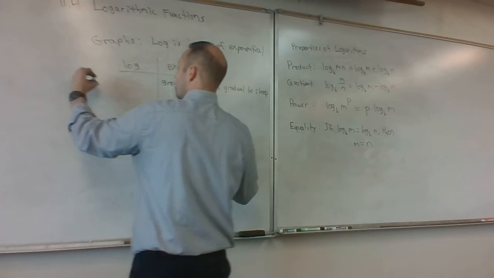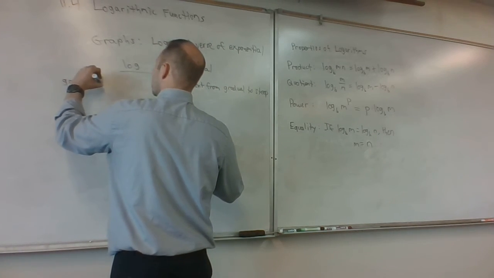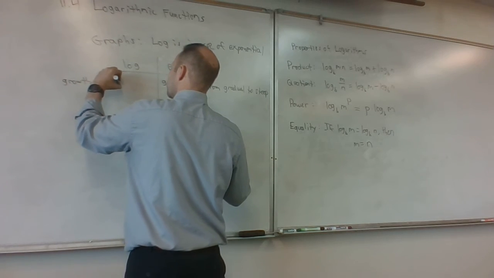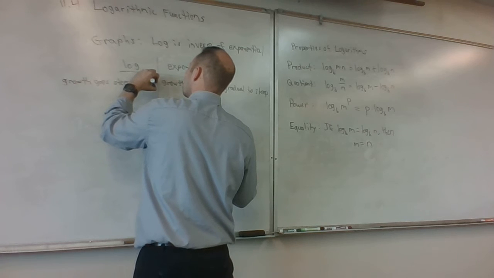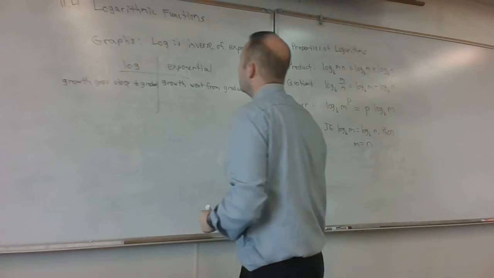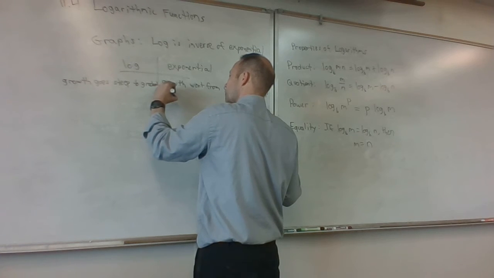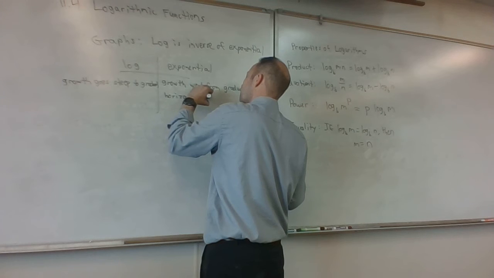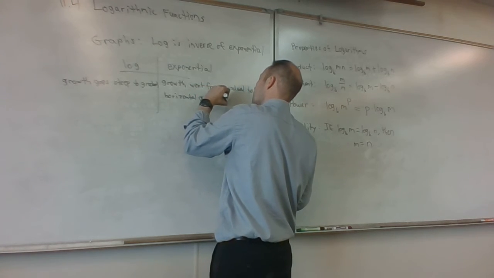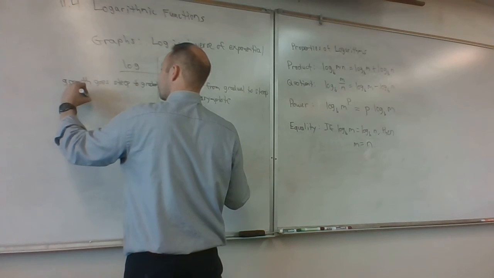For the log, growth goes from steep to gradual. Exponential has a horizontal asymptote. Logarithmic then has a vertical asymptote.